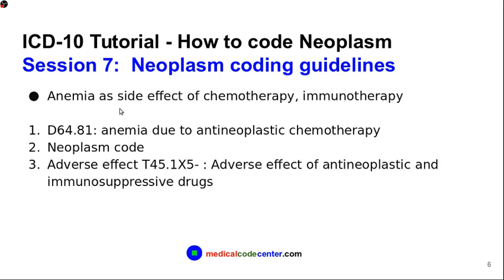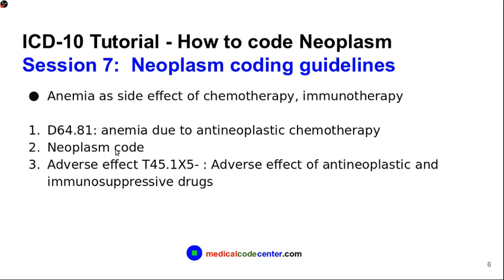When the anemia is the side effect of chemotherapy or immunotherapy, you actually code anemia as the principal code. In this case, we use D64.81, anemia due to anti-neoplastic chemotherapy, as the principal code.